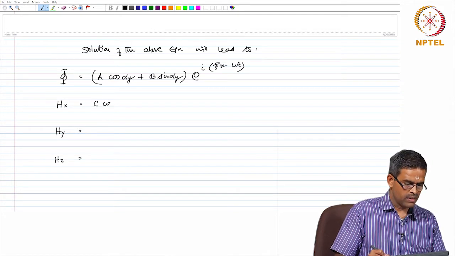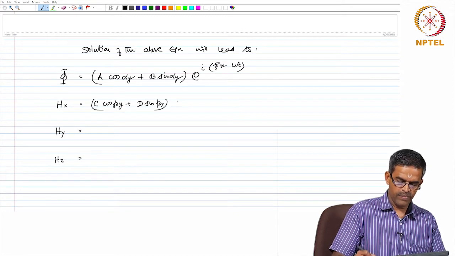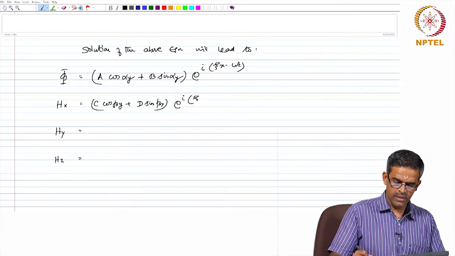Similarly, C cos beta y plus D sin beta y e to the power i zeta x minus omega t.